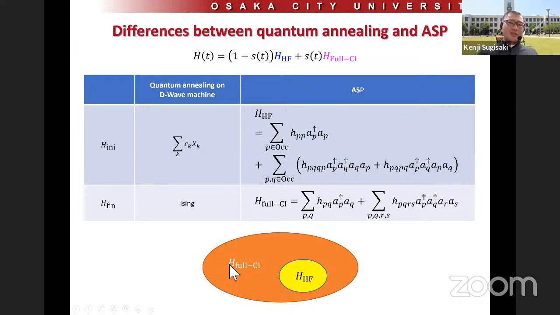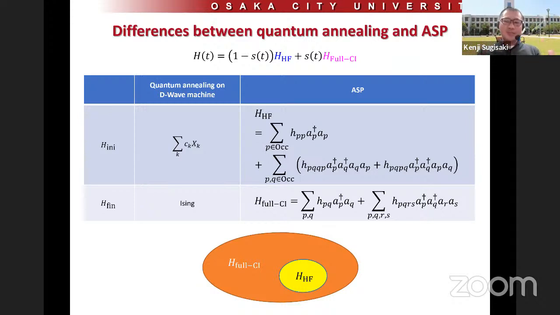So basically, in quantum annealing on the D-Wave machine, we start from the Pauli X operator, and let's think of some ball, the ball for the Hamiltonian. The ball includes only the Pauli X operator. Starting from this ball and applying quantum annealing, we eliminate some Pauli operators from the ball and then increase Pauli Z operators.